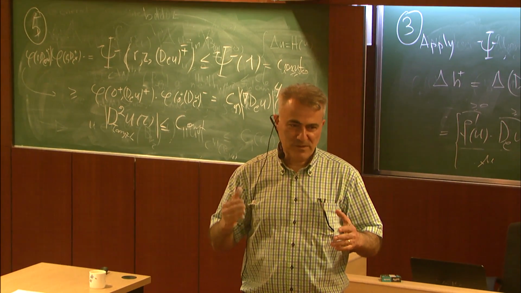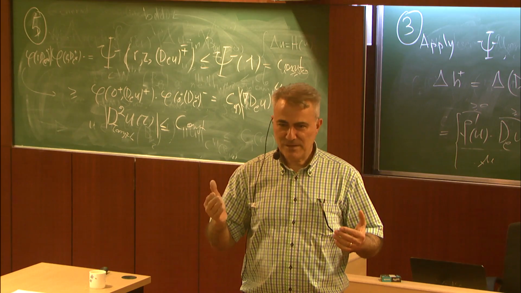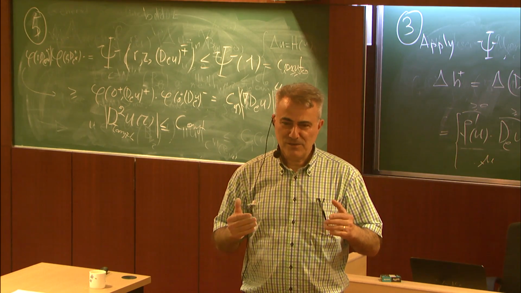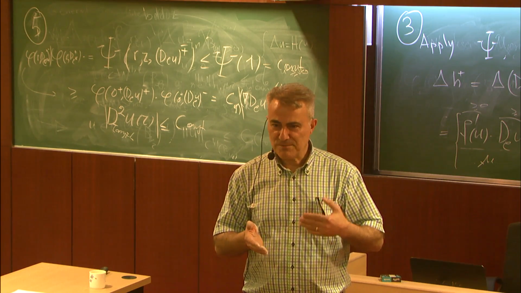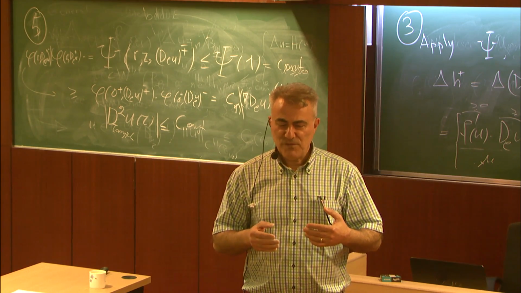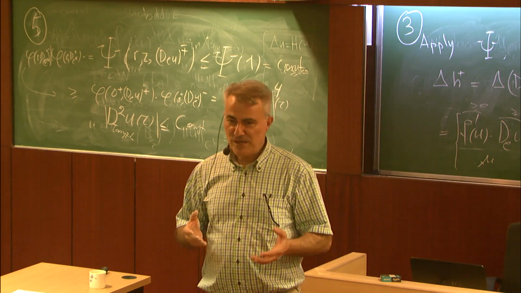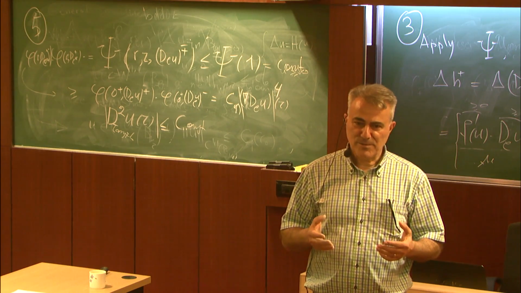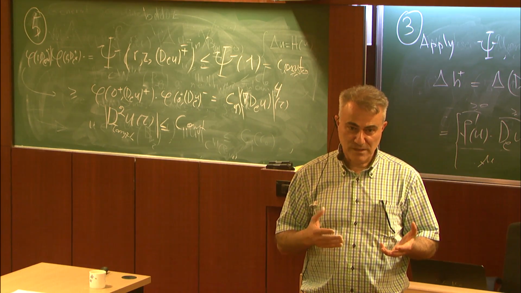So f of z equals z to the power alpha, and I'm going to take alpha to be different. If you take the real part or the imaginary part of this function, that's going to be r to the power alpha times sine or cosine.